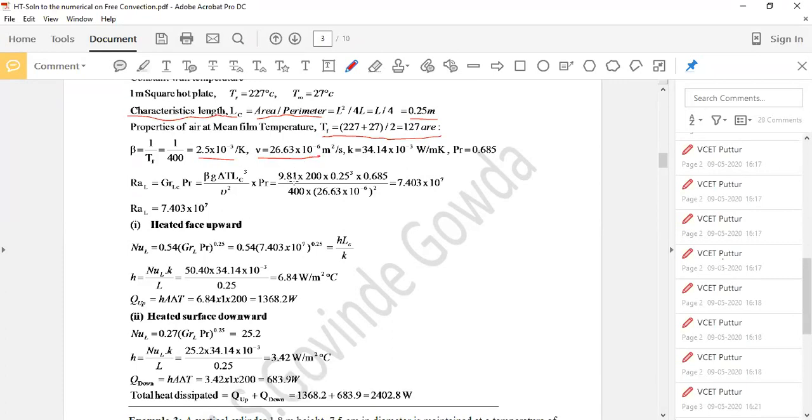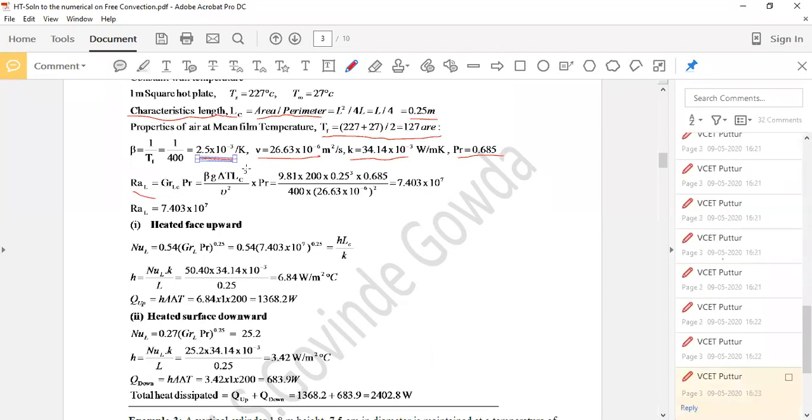Therefore, kinematic viscosity is read to be this, thermal conductivity comes out to be 0.0034, and the Prandtl number is obtained to be this. Once you get all these values, the Rayleigh number is to be calculated, which is the product of the Grashof number and the Prandtl number.